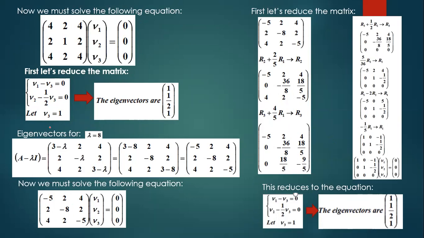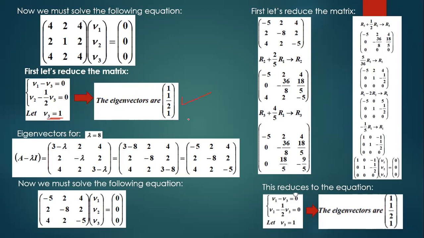There is some singular term, so we let v3 is equal to 1. Once we let this value, the remaining values are easily obtained. So v2 is equal to 1 over 2, and v1 is equal to v3 from this equation. So that is 1.